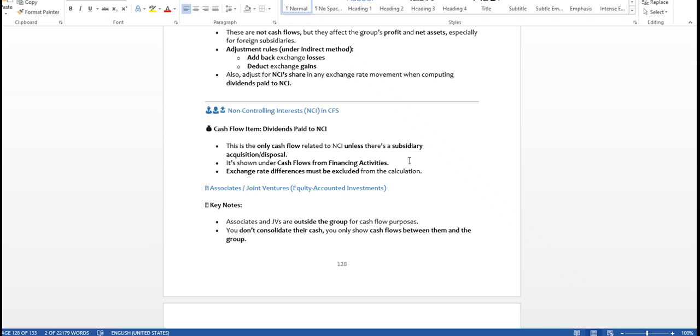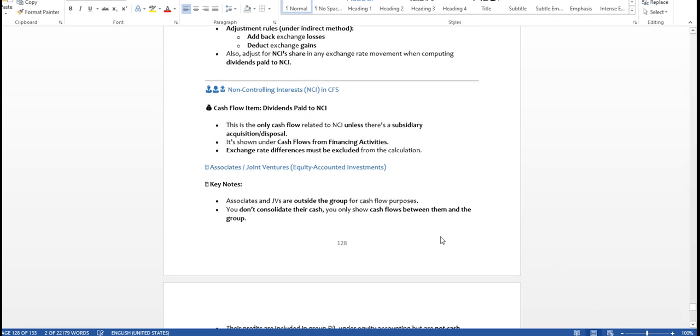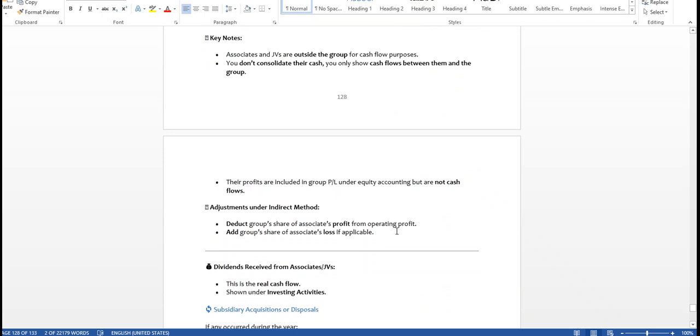We don't consolidate them ordinarily, so we should not consolidate them here as well. Then also, the profits are included in the group's P&L account under equity, but are not cash flow.